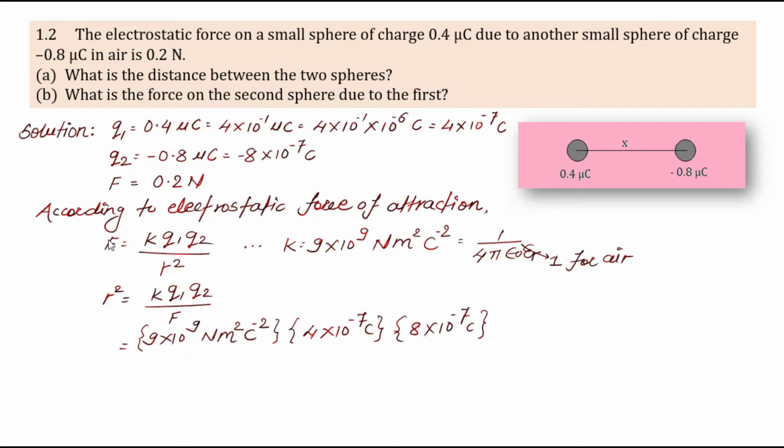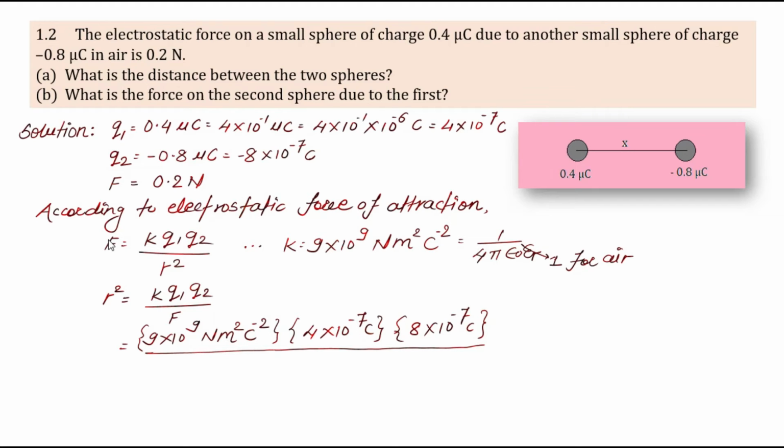Here I am purposely not taking the value of Q2 as negative, because if we substitute Q2 in negative form and we know the distance between the two spheres, we will find the force, which comes out to be negative because Q2 is negative, and that indicates the force is attractive in nature because of the unlike charges.